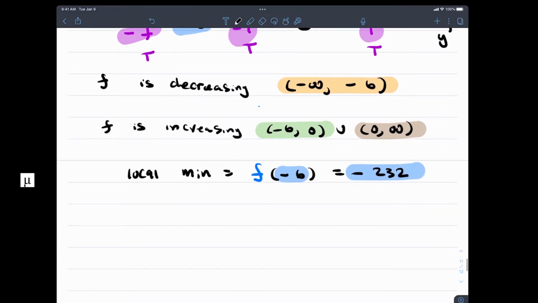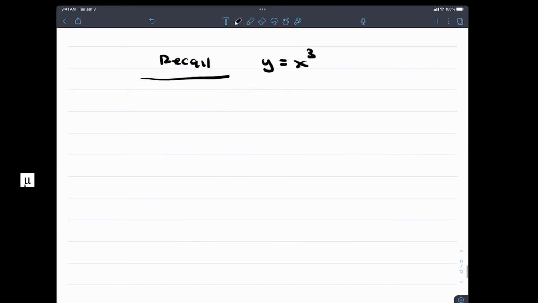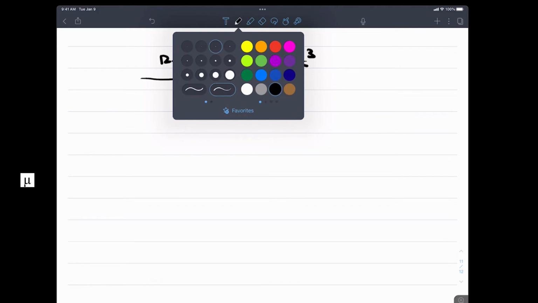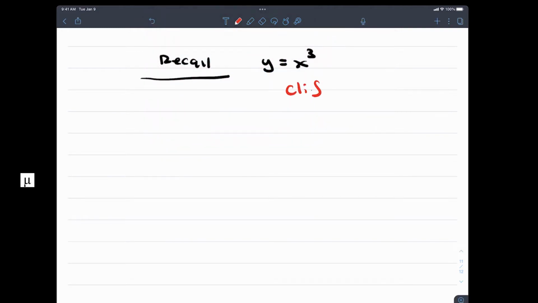And I'm going to say something here because this is important. Recall this function here, because if we remember, we have this function x cubed. This is the classic cliff question in my mind, in a very fundamental way. You're standing at a cliff. Okay? You say a cliff when x is 0.